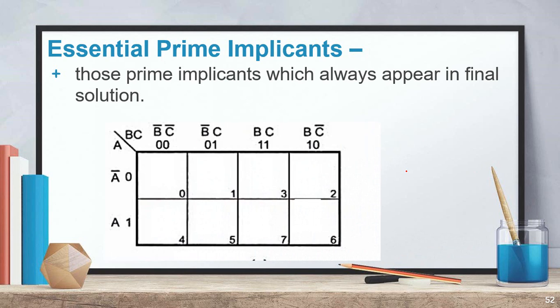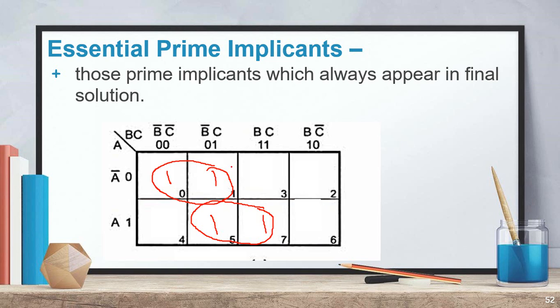Suppose we take the same example as before, with 1 present at 0, 1, 5, 7. The 0 and 1 we make as a group, and 5 and 7 we make as a group, and these two we call essential prime implicants.